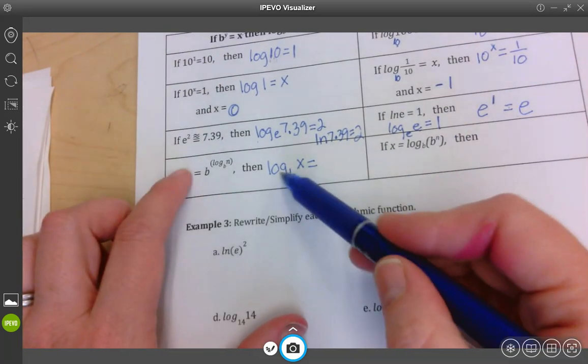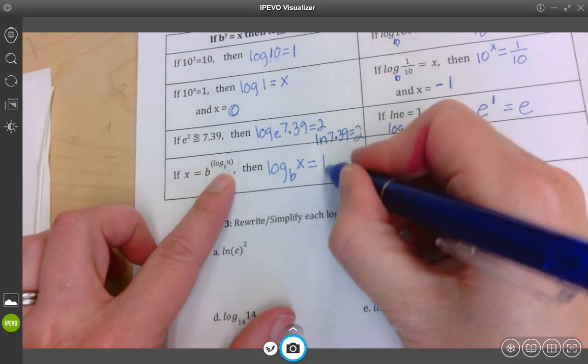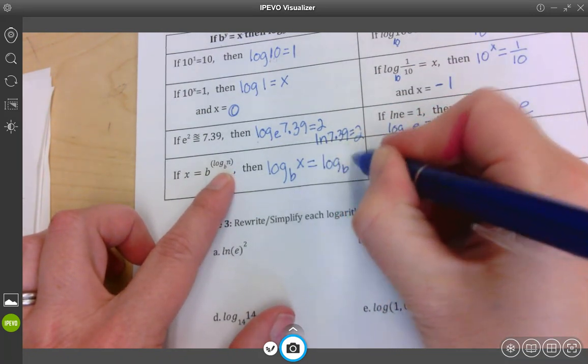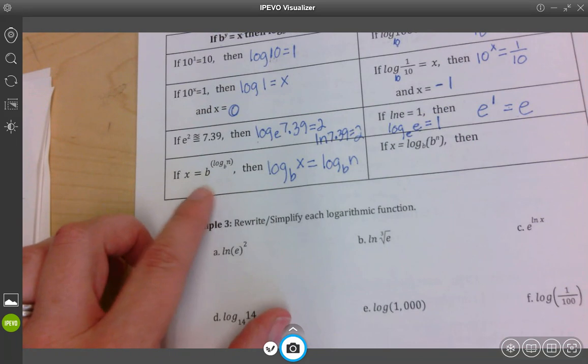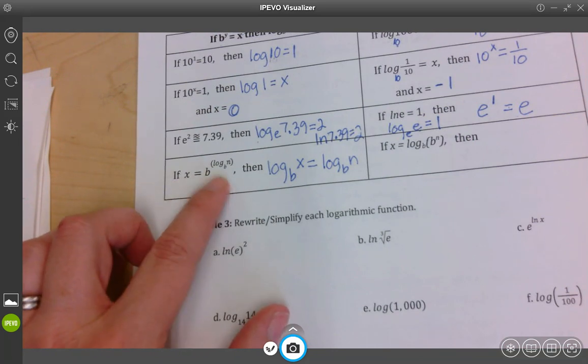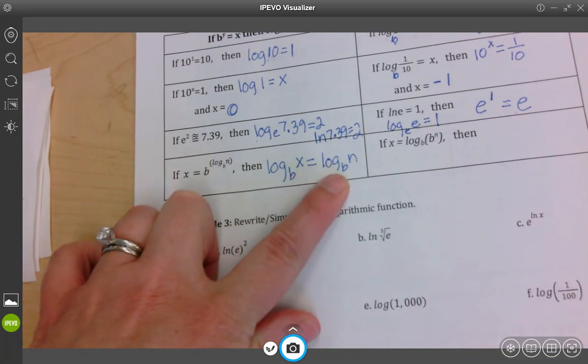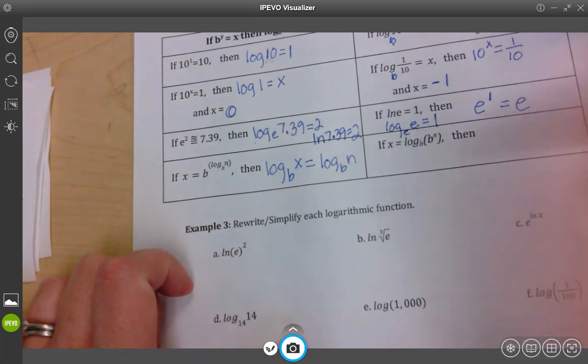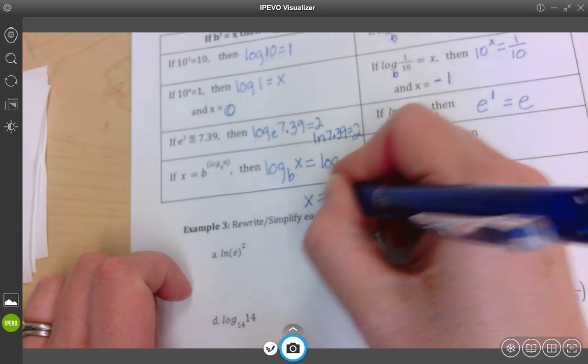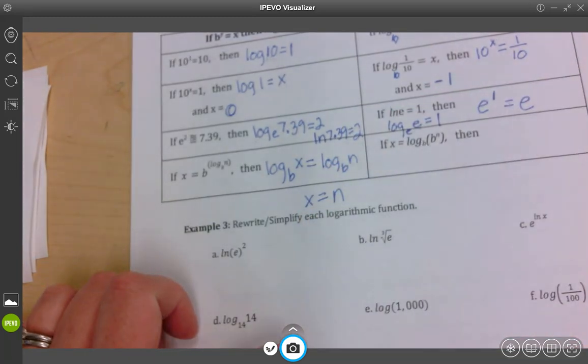All right. So the exponent is all of this, log base B of n. So it's log base B of the argument, and that equals the exponent, which is log base B of n. Do you notice how this is the same and this is the same? That means that x equals n.